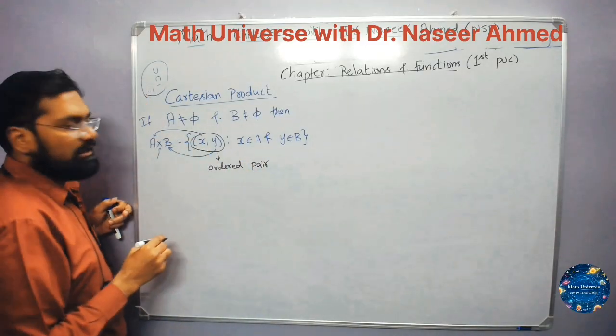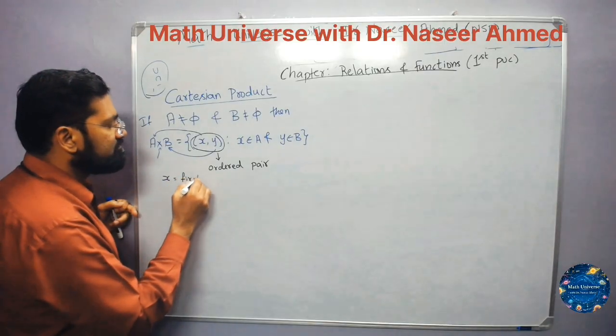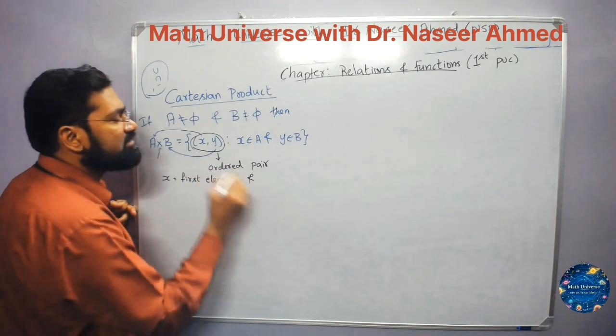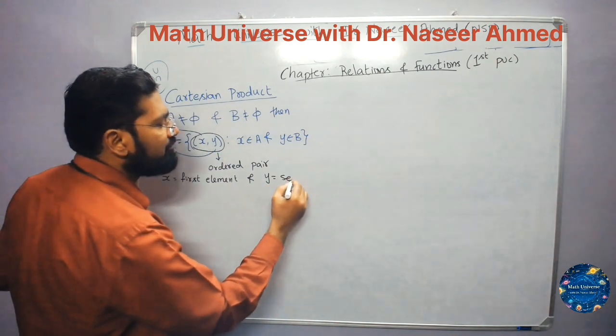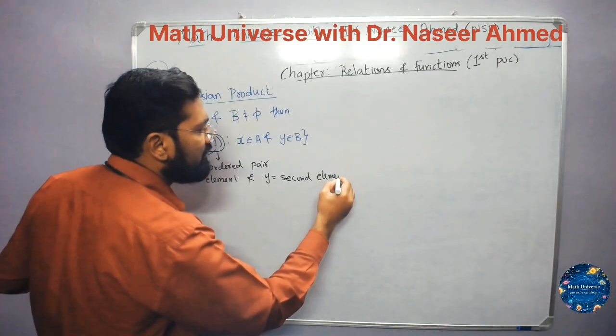In this ordered pair, X is called the first element of the ordered pair, and Y is called the second element of the given ordered pair.